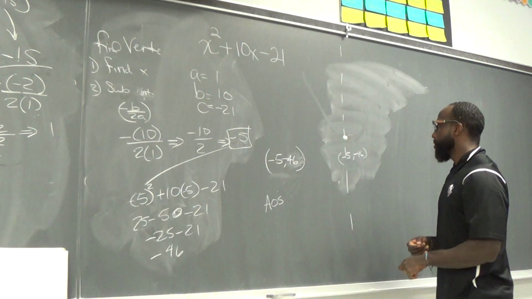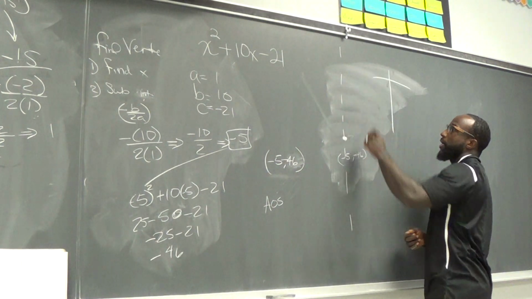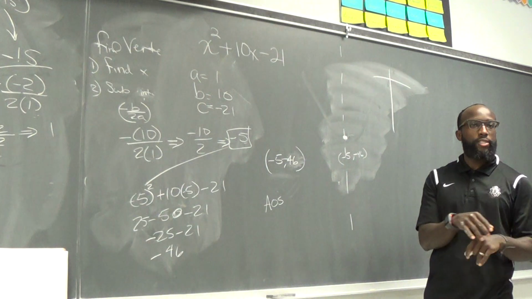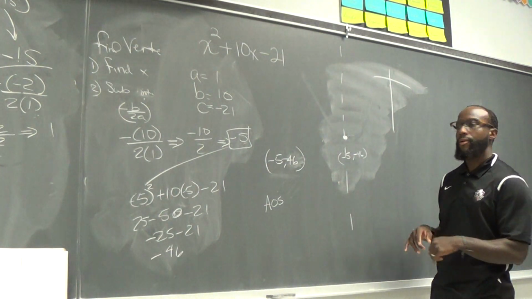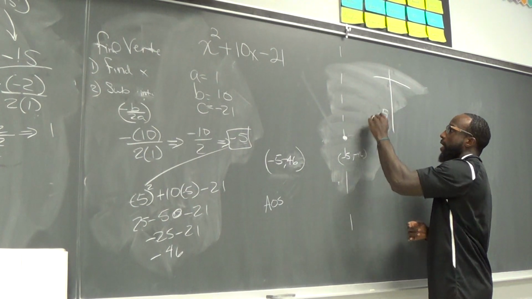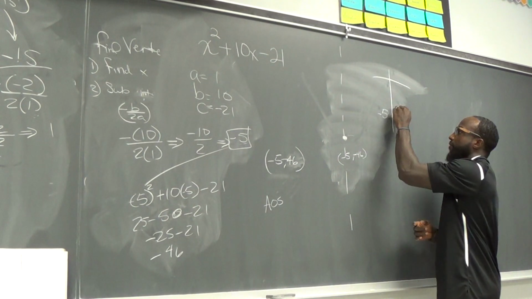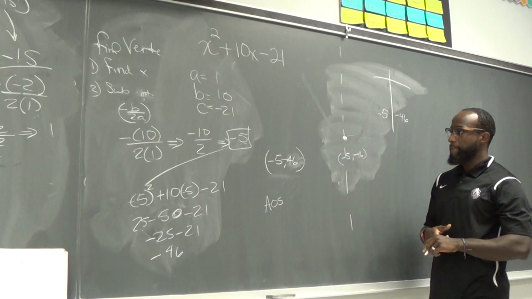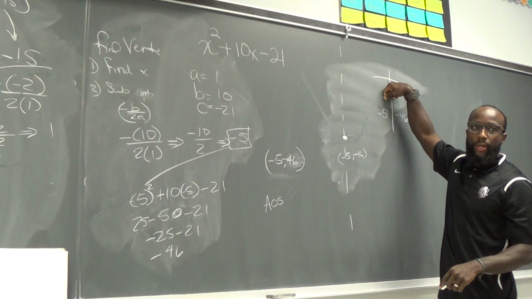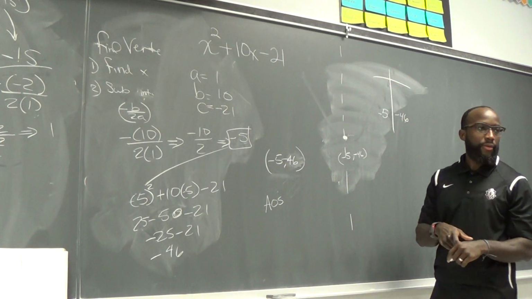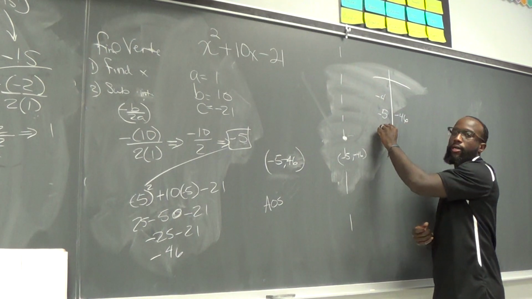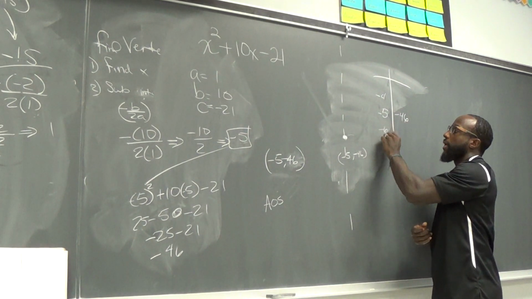If you were to make a t-chart, for today we'll just use 2 above and 2 underneath. We start at negative 5, that's where our vertex is, negative 5, negative 46. Let's choose a number above, negative 4, and under here, negative 6.